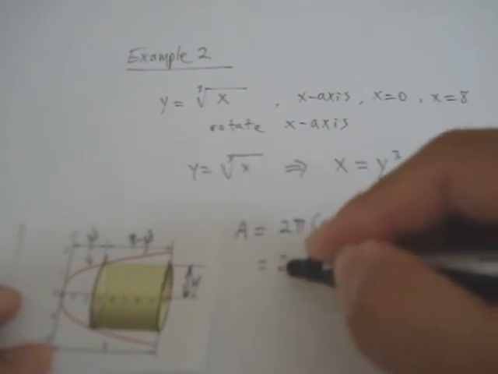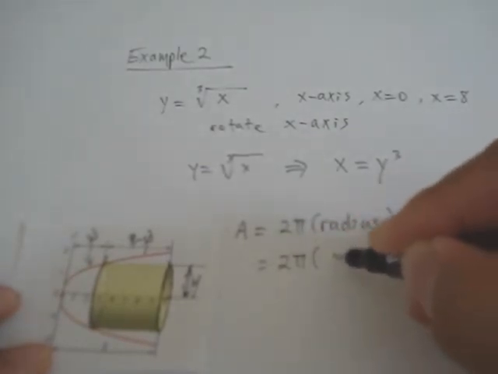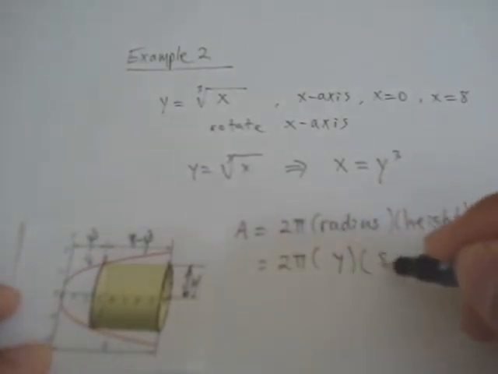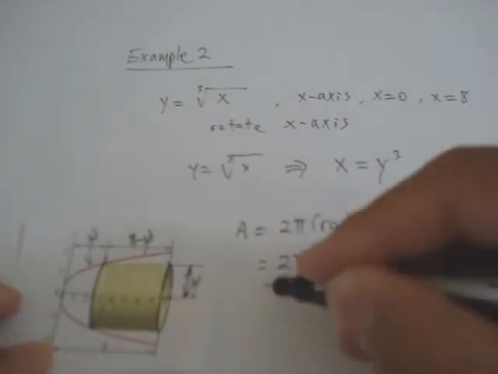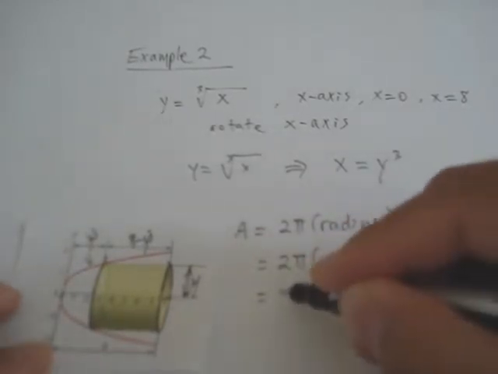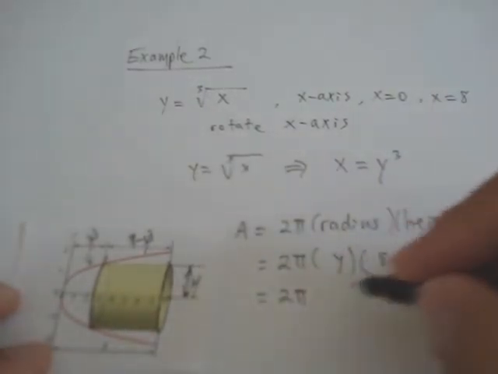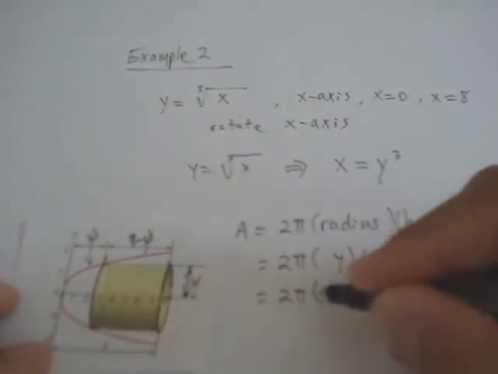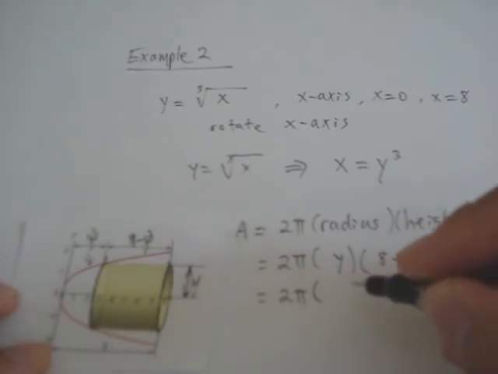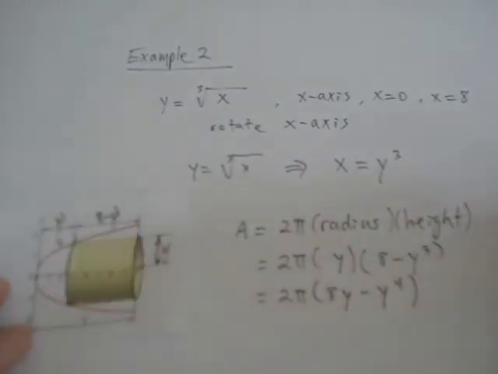So let's put that in. So 2 pi times y times 8 minus y cubed. Now when you factor it in a bit, it's 2 pi times the quantity of 8y minus y to the 4th.